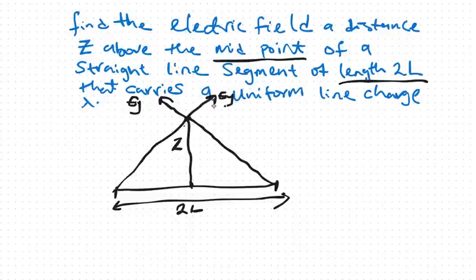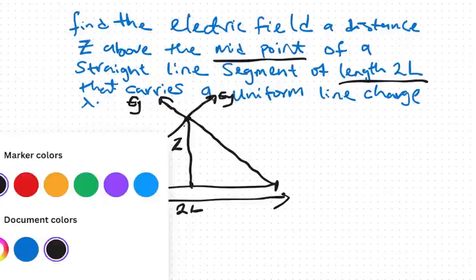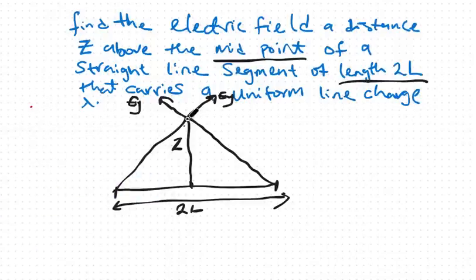So using the red for the horizontal component, this is EX, and this point is EX.